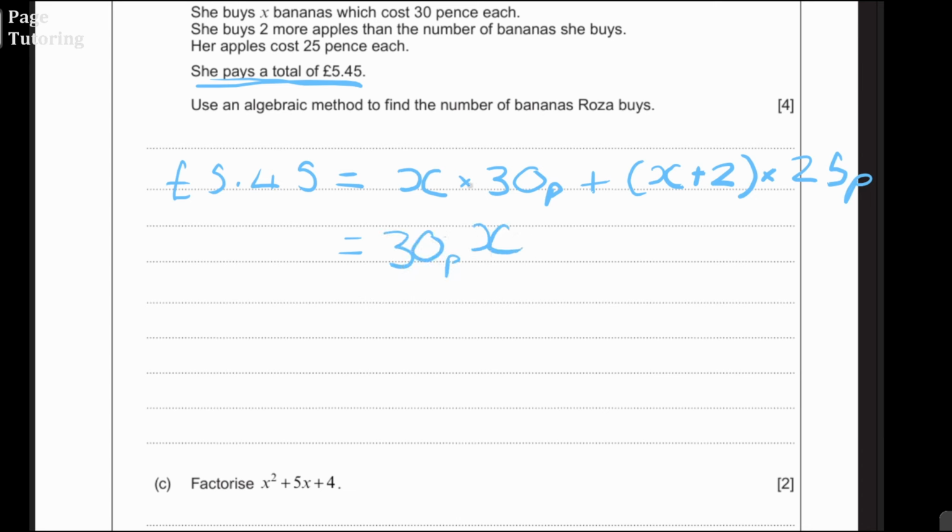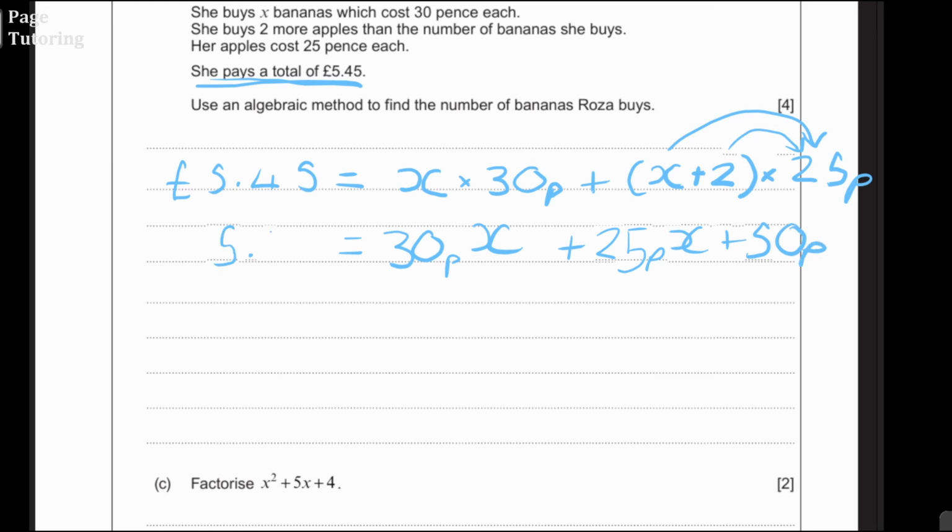We wouldn't bother putting the times. So let's do plus, and now expand out our bracket. First we have x times 25, so 25px, and then 2 times 25, which is plus 50p.